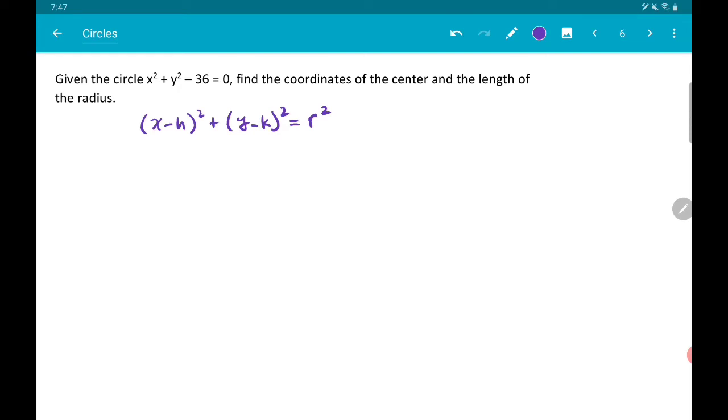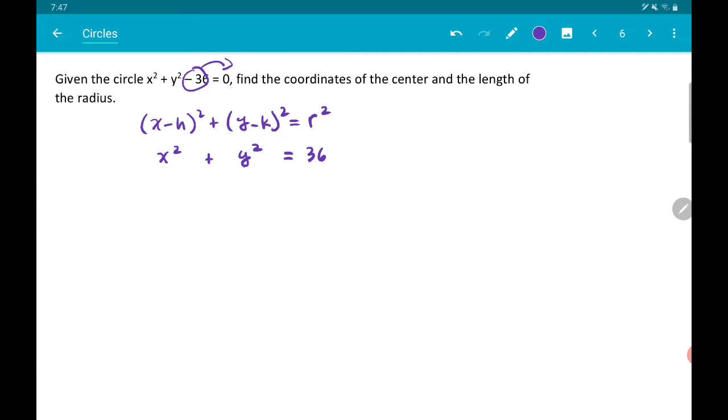First of all, we can move this to the other side. What we get is x squared plus y squared is equal to 36. It still doesn't look like the equation for a circle.